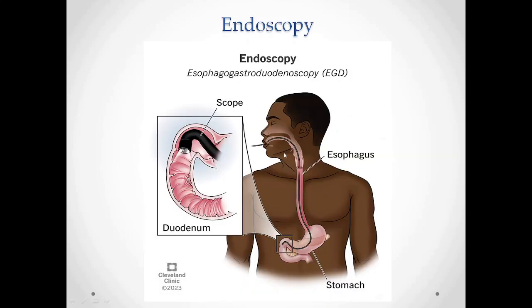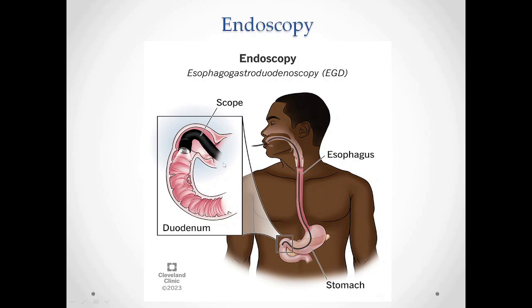Moving on to the next slide, this is a simple figure wherein a type of endoscopy is shown. This is EGD, which is nothing but esophagogastroduodenoscopy, which means through the esophagus you insert your scope.